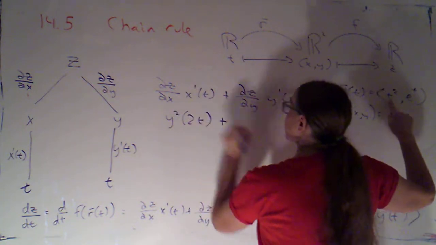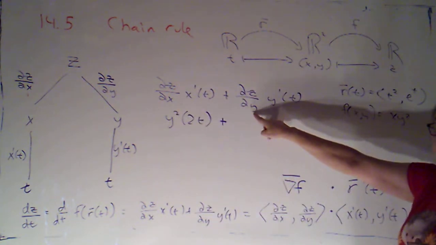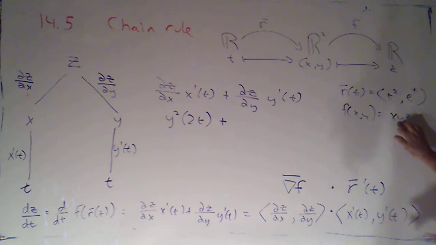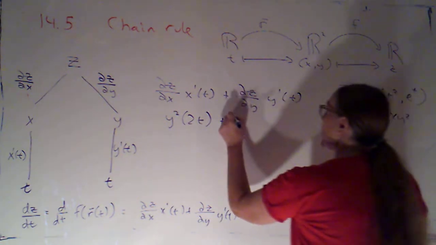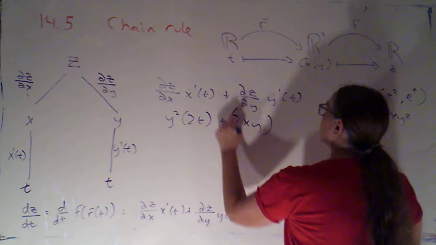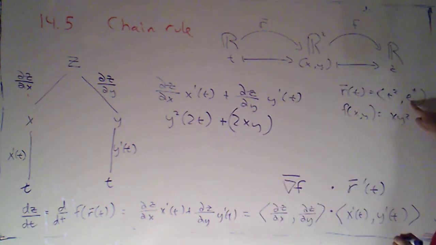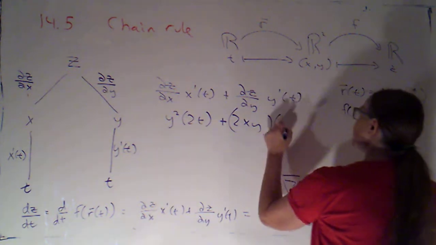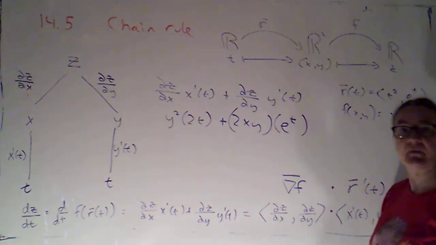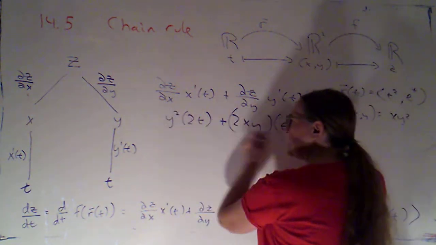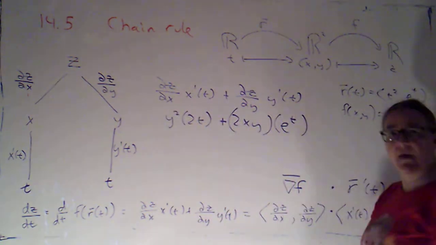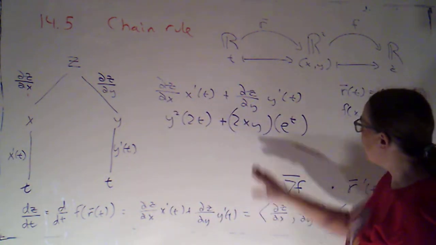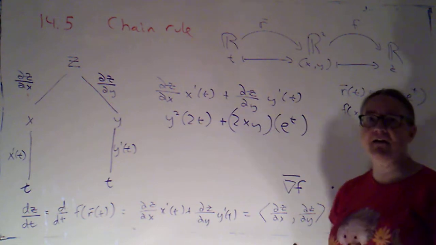Plus, what was the partial of z with respect to y? Looks like that's going to be 2xy. What was the derivative of y with respect to t? If y was e to the t, that's just going to be e to the t. Now, this is an intermediate step here. I don't want that to be my final answer because right now I've got 3 variables in there.